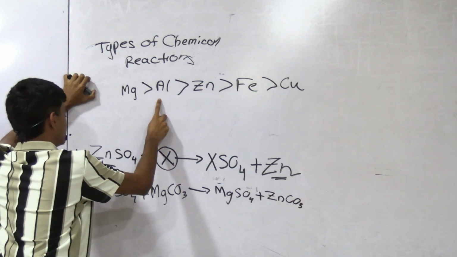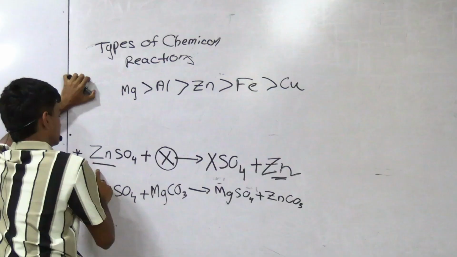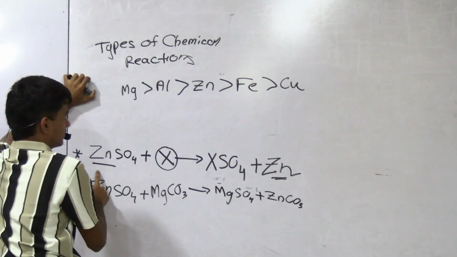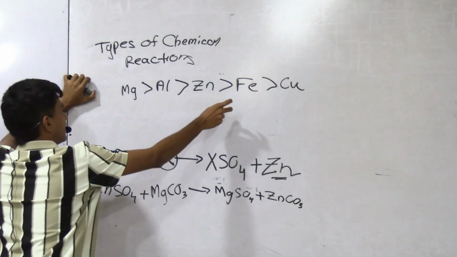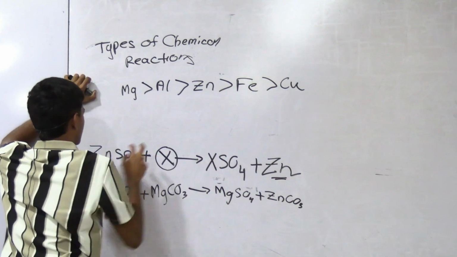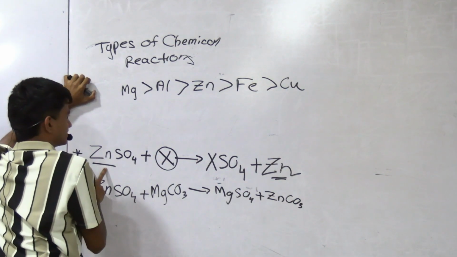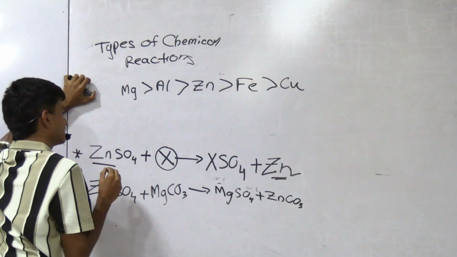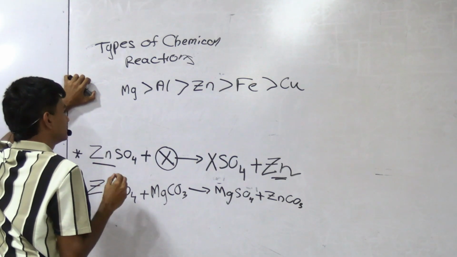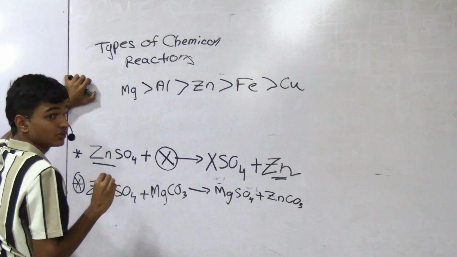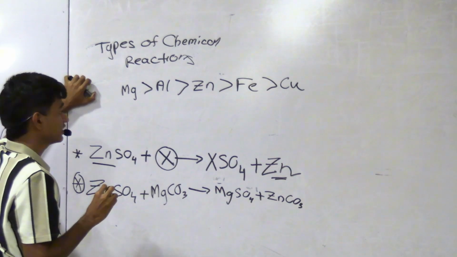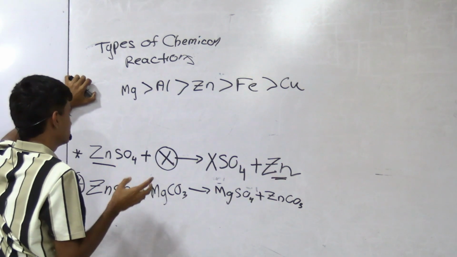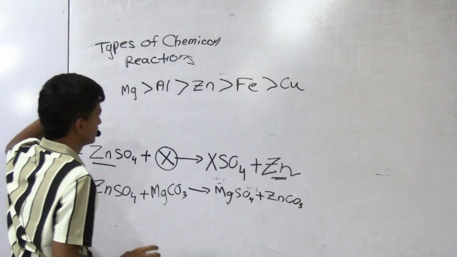If X was aluminium, it could kick out zinc. But if it was iron or copper, they can't kick out zinc because they are weaker in reactivity than zinc. So in order for displacement reactions to occur, one element has to be more reactive than the other one.